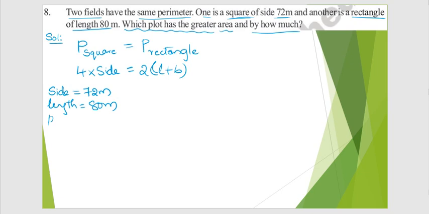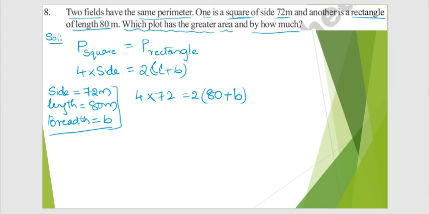He did not give the breadth, so I am considering the breadth as B. Now when I substitute these given values, 4 into side, so side is 72, is equal to 2 times of length, which is given as 80, plus breadth, which is not given, so I am treating it as B. So 4 into 72, how much is 72 fours?